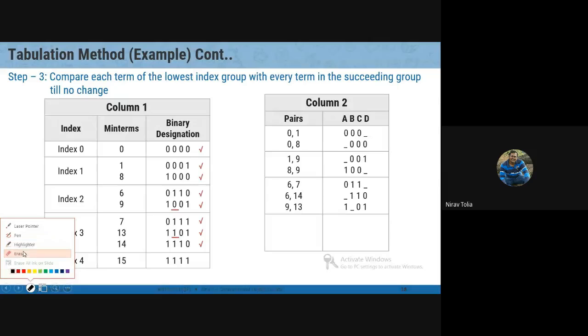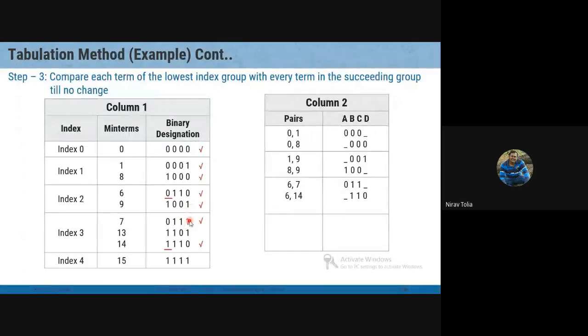Otherwise, we have to check each and every bit, and the pair is possible only if the bits differ by only one bit. Okay, we can check 9 and 7. For 9 and 7, 1 to 0, A is changing, 0 to 1, B is changing, 0 to 1, C is also changing, D is only 1.